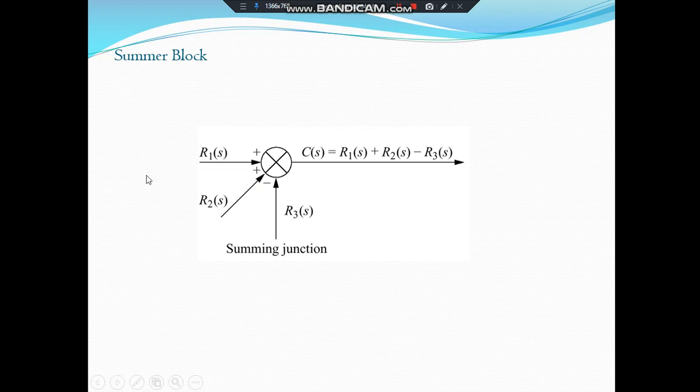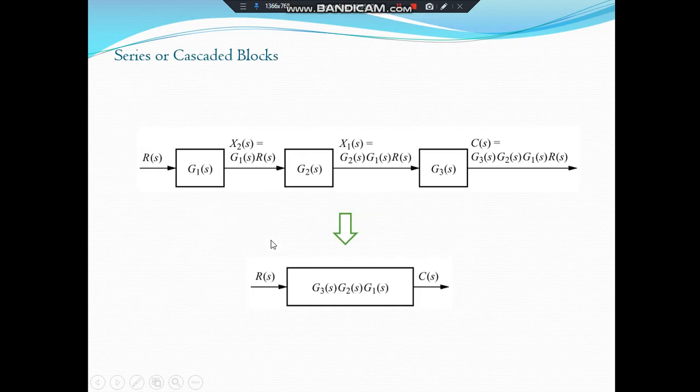This is our first input, this is our second input, and R3 is the third input. What will be the C of S in this case? As all three inputs go through the summing junction, the output C of S will be R1 of S plus R2 of S minus R3 of S. This is the summing junction.